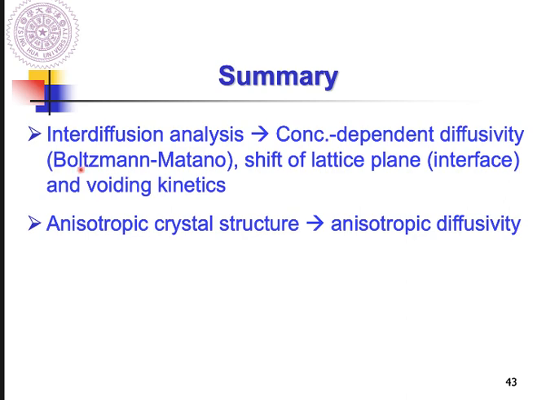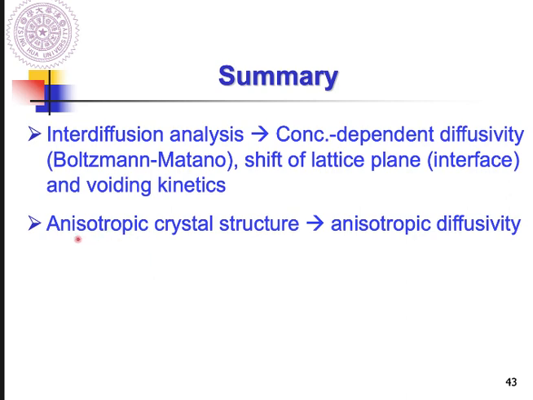So based on that profile, you can define the Matano interface, and also compare it with the original interface. You know the shift of the lattice plane, and also you can know the void formation kinetics. Yeah. Sorry.